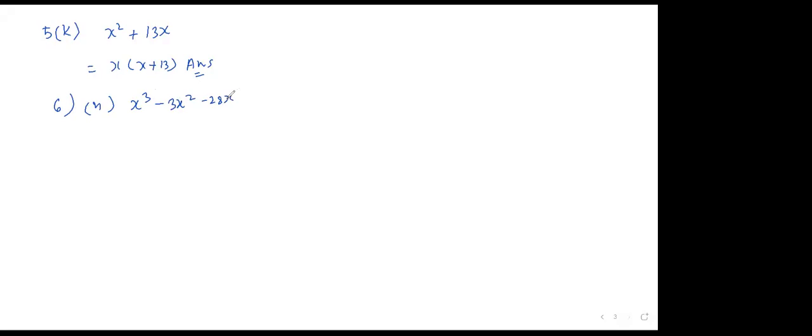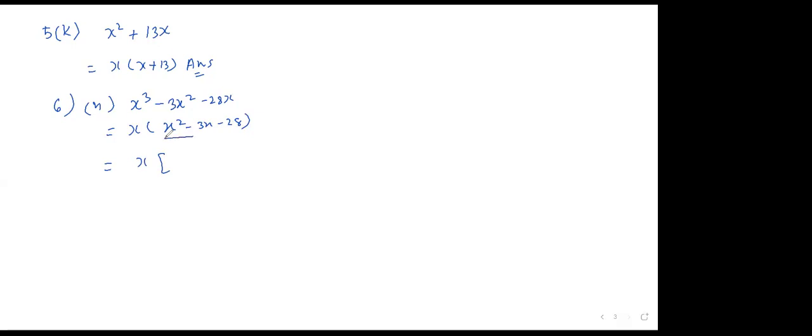We see that x is common in all the terms. So x can be taken outside. X square minus 3x minus 28. So this is x times, and again, we can factorize the quadratic expression in the brackets.